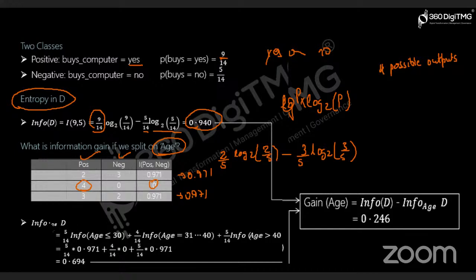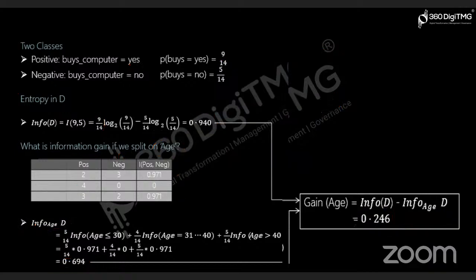Then we calculate the information gain for age, and the final output is 0.694. We subtract this from the overall information, the overall entropy minus the information on age. So if you use age as your root node, this is how much information you are gaining. That is how we calculate information gain.